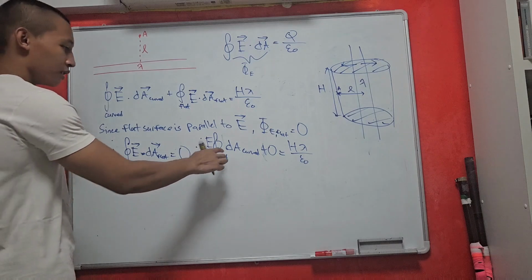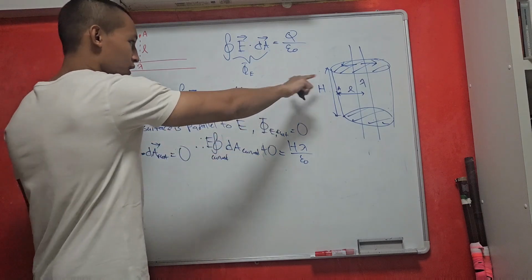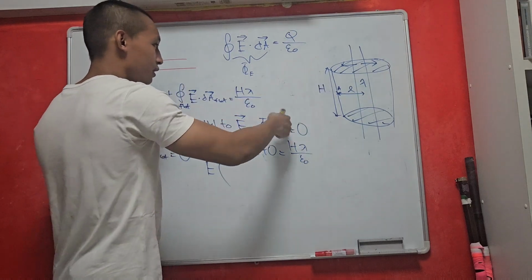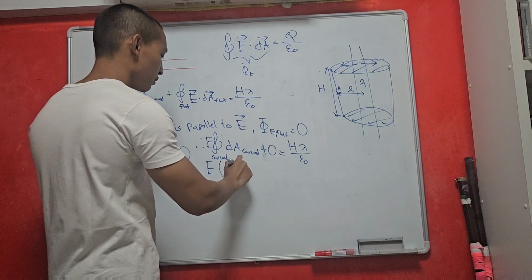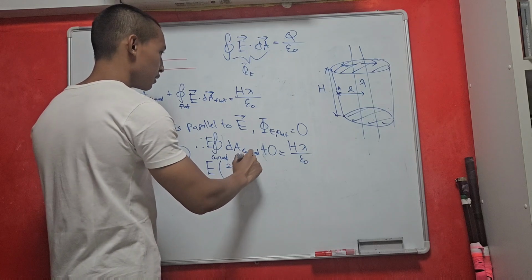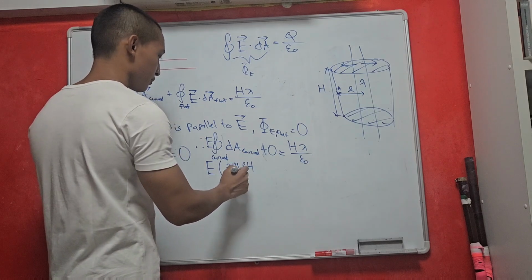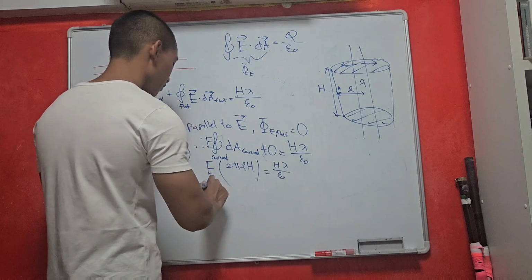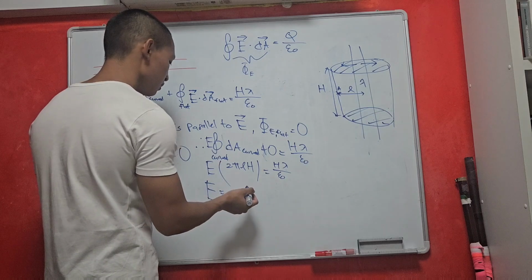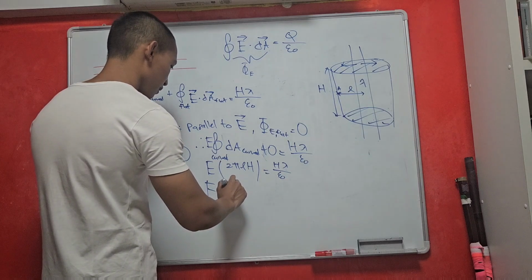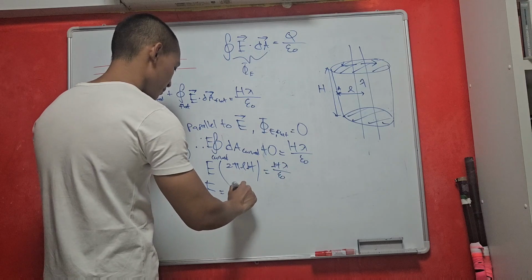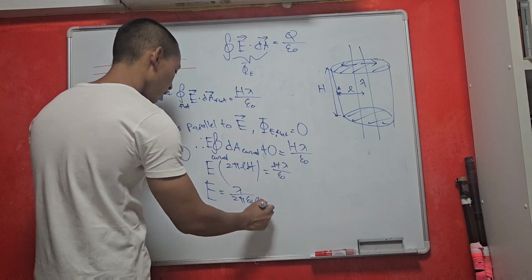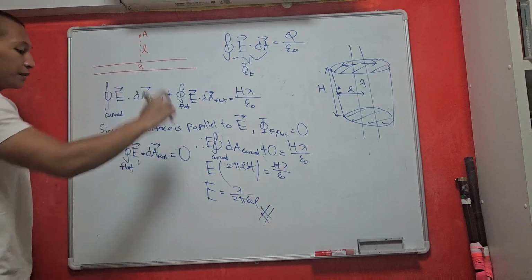Now this is actually just the area, which is the circumference times the height, that is 2 pi L H, equals H lambda over epsilon naught, and therefore the electric field is equal to, the H cancels, lambda over 2 pi epsilon naught L, and voila, this is the electric field at point A.